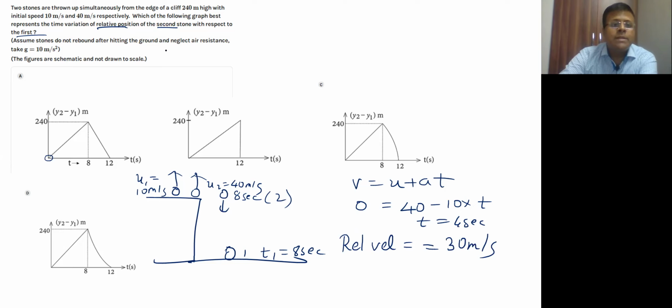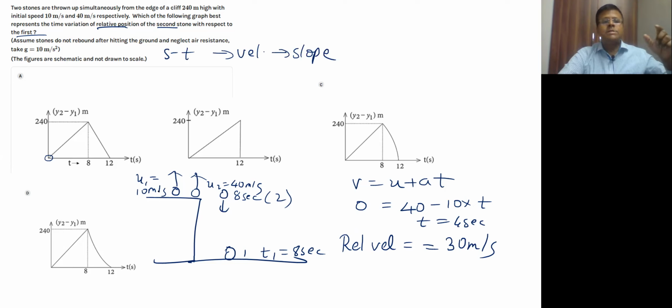Now we know that in the position time graph, velocity is basically the slope. So here it is a relative displacement graph. So the slope will also represent the relative velocity.